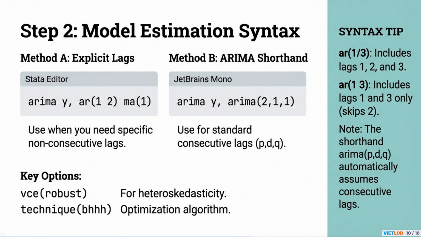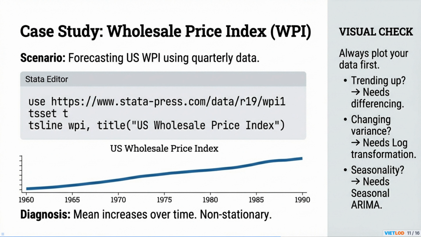A key tip to remember is that ar(1/3) includes lags 1, 2, and 3, while ar(1 3) includes lags 1 and 3 only, skipping 2. The shorthand arima(p,d,q) automatically assumes consecutive lags. Additionally, there are important options like vce(robust) for calculating robust standard errors to handle heteroscedasticity, and technique() allows you to specify the optimization algorithm used for finding the maximum likelihood estimates.